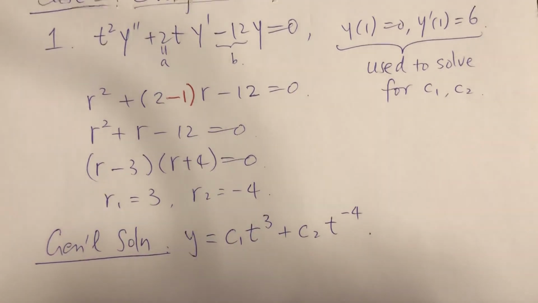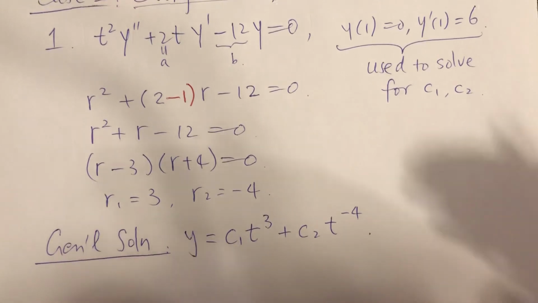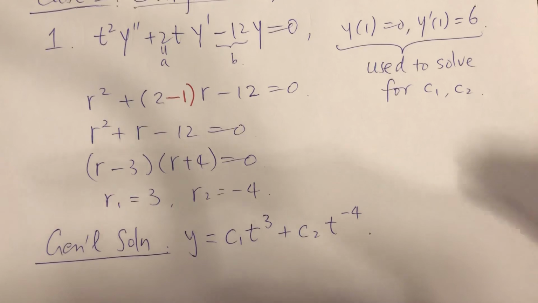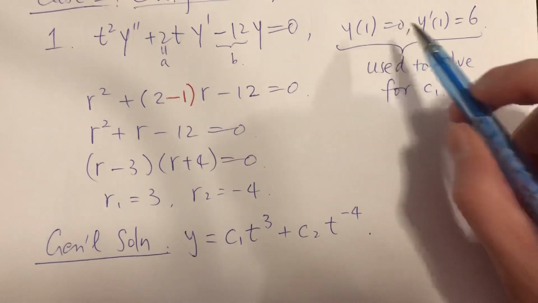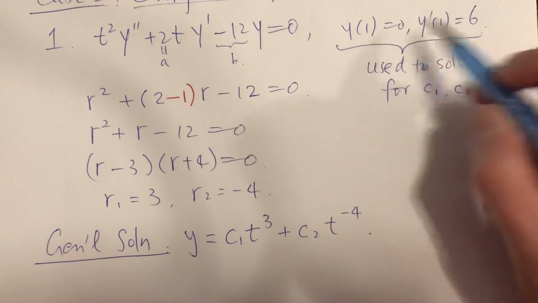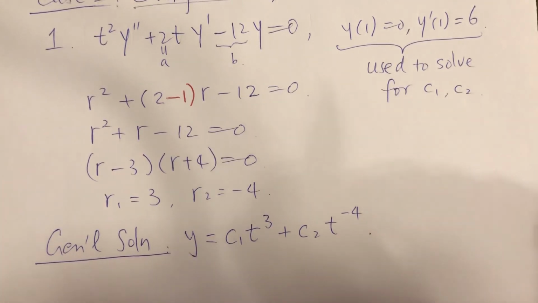But I think I'm gonna stop here for this. So you should have a clear idea, an algorithm of what to do. But the rest of it should be pretty easy. You just take a derivative and then plug in these two equations, and then you will solve for c1 and c2. Okay.